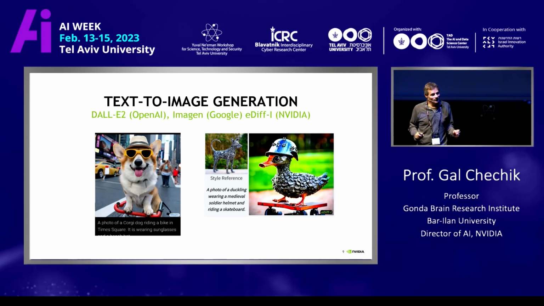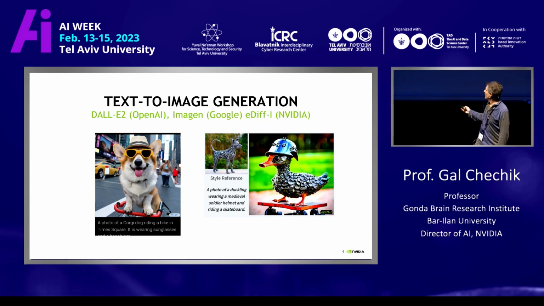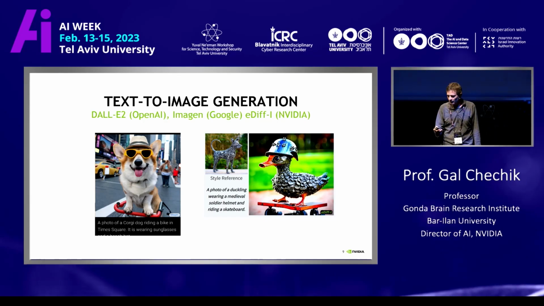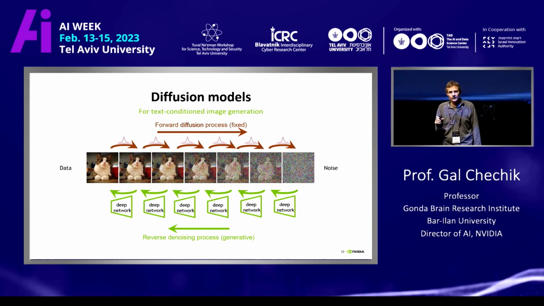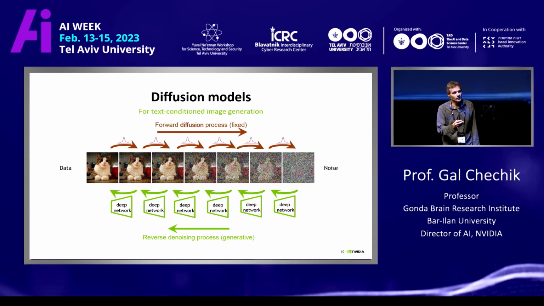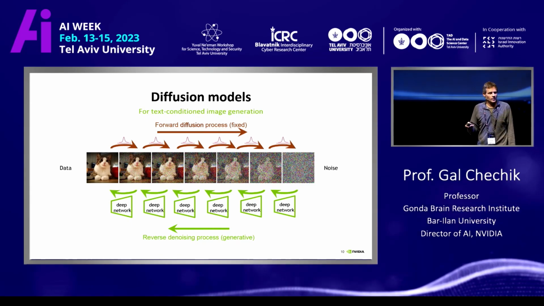Switching to generative models, so you've probably seen these images already. You can generate an image of a photo of a corgi dog riding a bike in Times Square, or you can control it using style. There's a lot of things you can do. But once again, I want to generate images of my personal items. Just a quick reminder how these diffusion models work.